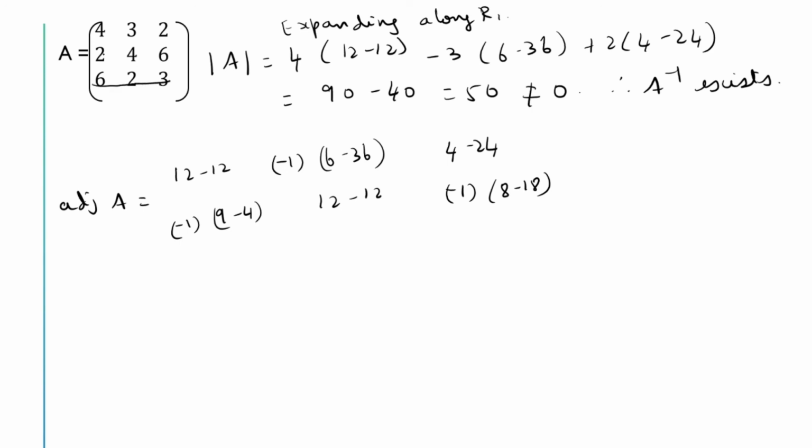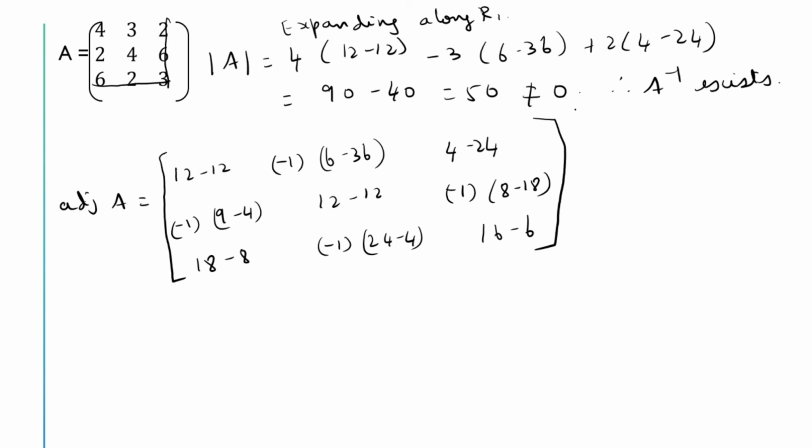Then third row first column, 18 minus 8. Third row second column with a negative sign, 24 minus 4. Third row third column, 16 minus 6. This whole transpose. So this is equal to, here it will be 0, plus 30 and minus 20.